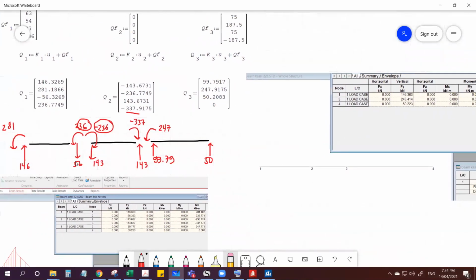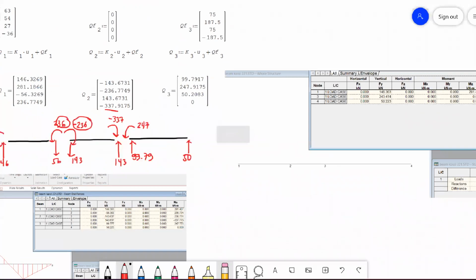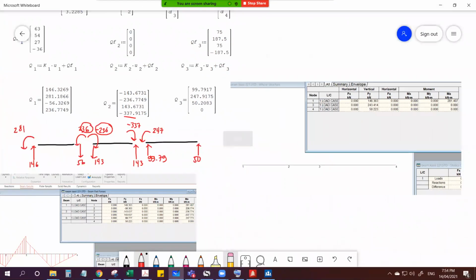So after reflecting these forces here, let's check with STAAD. So node 1, our reaction is 146, and 281. For node 3, because that's the location of supports here, the reaction is 243.